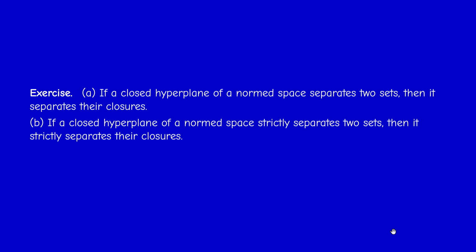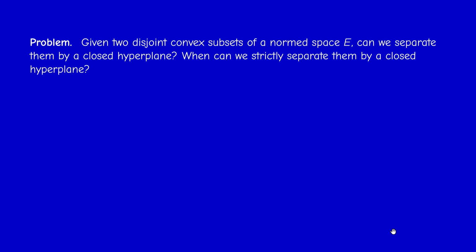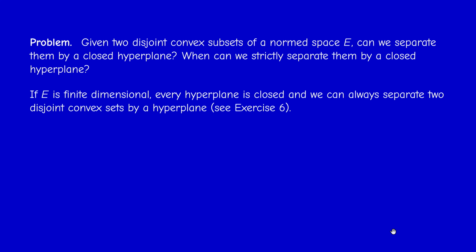And now we can formulate our problem at last. Given two disjoint convex subsets of a normed space E, can we always separate them by a closed hyperplane? And when can we strictly separate them by a closed hyperplane? Two questions. So let me give you some elements.